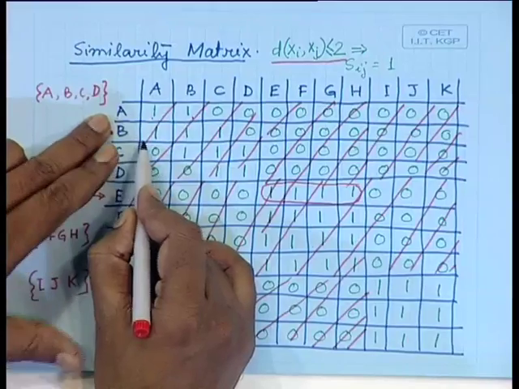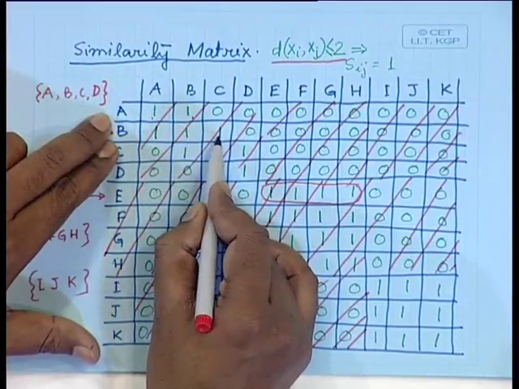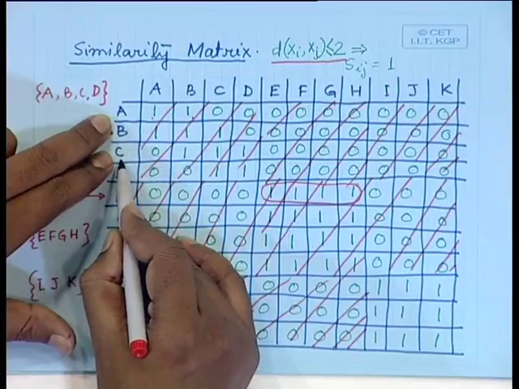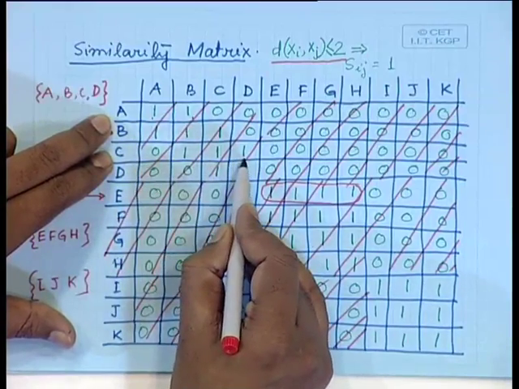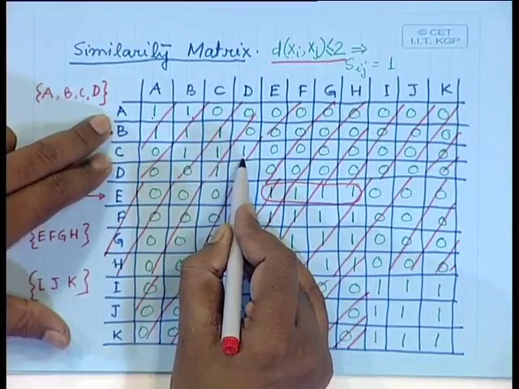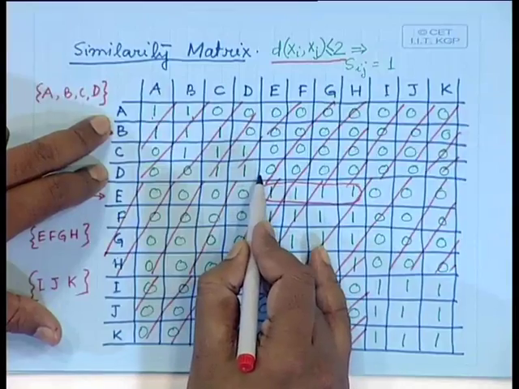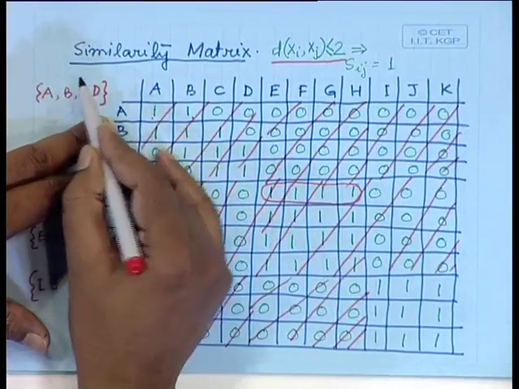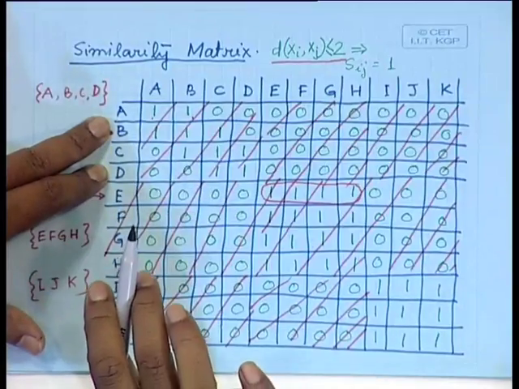Come to point B, point C will be put into the same cluster, A, B, C. Come to the row corresponding to C, D will also be put into the same cluster. Come to the row corresponding to the feature vector D, I cannot put any other point into this cluster. So, A, B, C, D becomes one cluster.